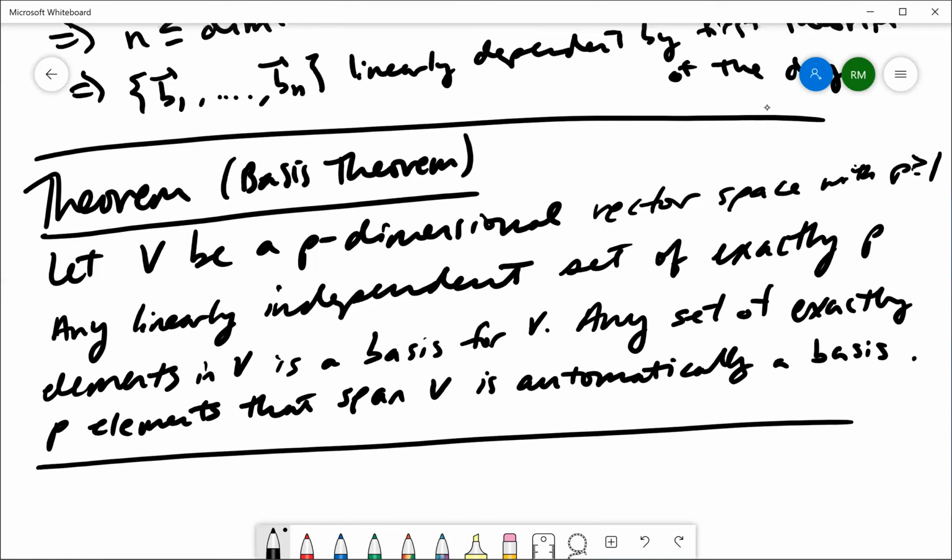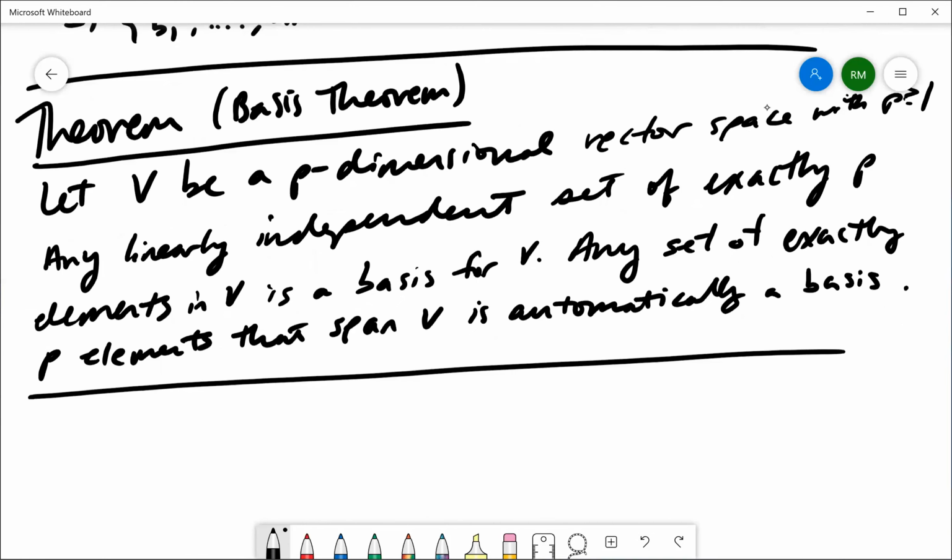Okay, so this involves understanding what the basis is and how that's going to interact with the span and the basis. Let's work it out, and you're going to see how you can rely on previous theorems to figure this out. Let's prove the first part.